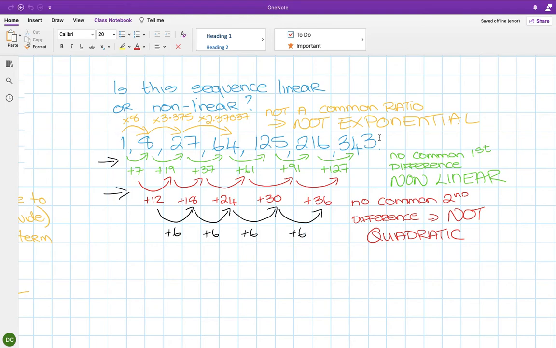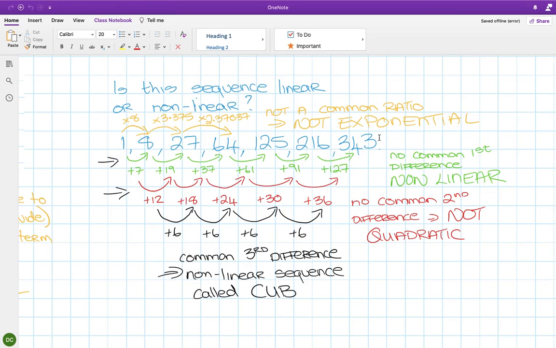So what we have here is a common third difference. You just go down another layer. This, as we predicted, is a non-linear sequence, and like the others, this one has a special name. It's called cubic.